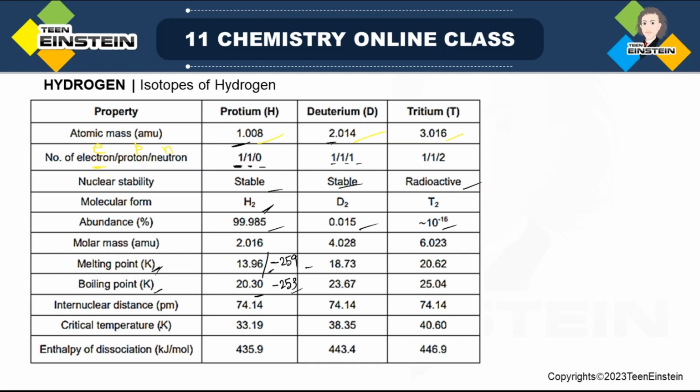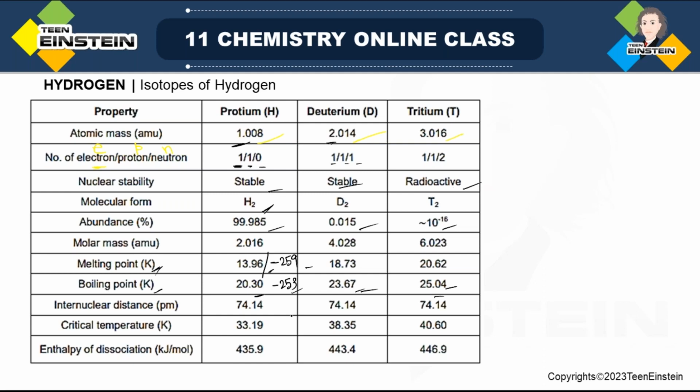That temperature should also be very low, because hydrogen is present in liquid form, which means the temperature itself is very low. So naturally it is present as a gas. For these isotopes you can see there is a little difference, 13, 18, 20. There is a slight increase as you move from H to D to T.